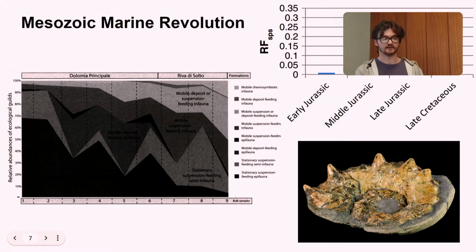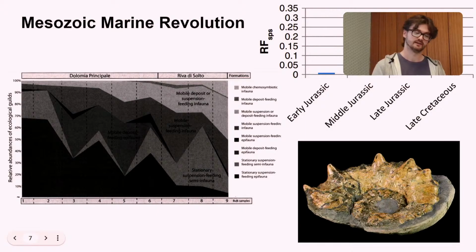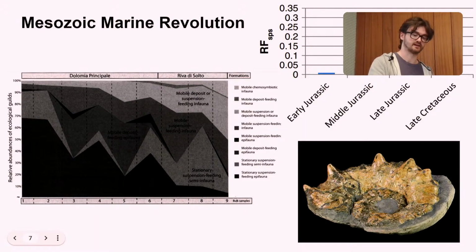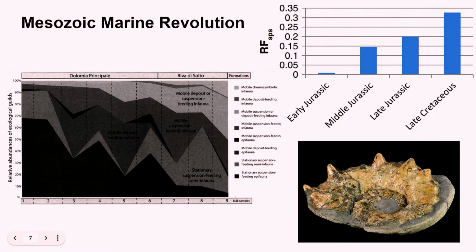Another way that we can see the Mesozoic marine revolution working is in repair scars. This chart here is repair scar frequency on ammonites through much of the Mesozoic, and you can see that repair scars are increasing in frequency through time. That means that ammonites have been attacked and survived. Basically, they're not being killed straight away.